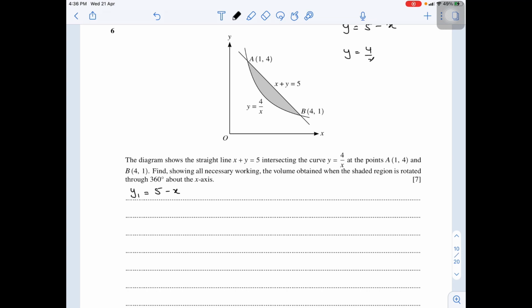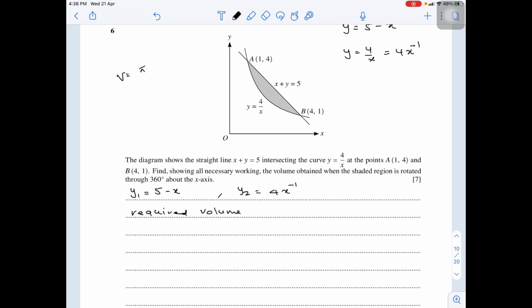It's just that it's a linear curve. So the second part is y equals 4 over x. So I can write it as 4x to the power negative 1. When we write in this form, it becomes easier to integrate or differentiate. So y2 is 4x to the power negative 1.